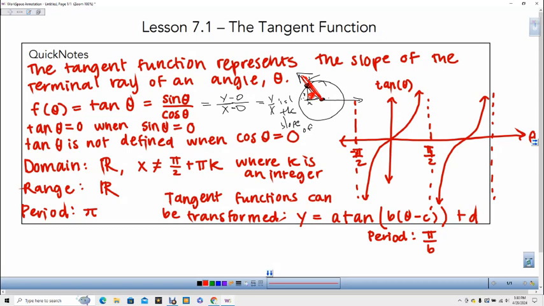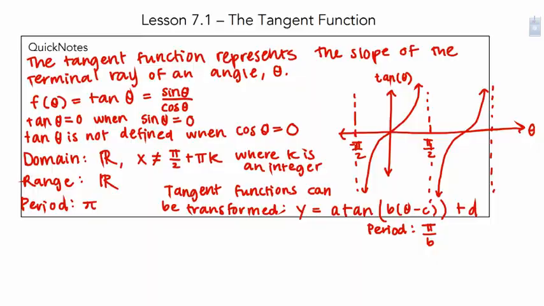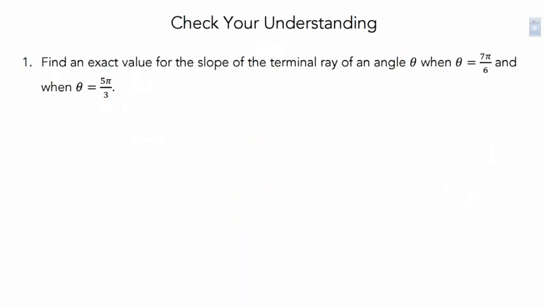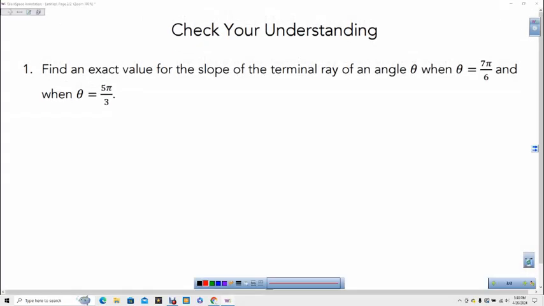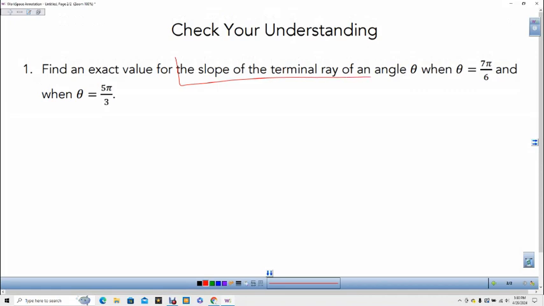And since we're basing the slope from 0, 0, it becomes this right here, even though it's technically just y over x. All right, so when they ask you to find the slope of the terminal ray of an angle, when they ask you to find that, all you need to think of is tangent theta.